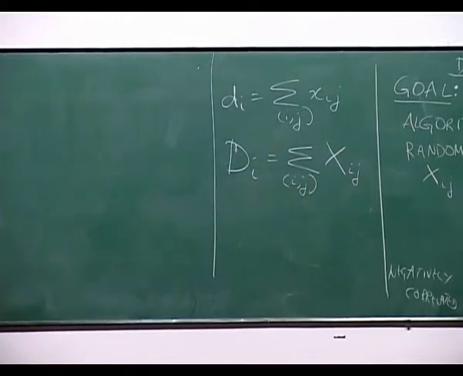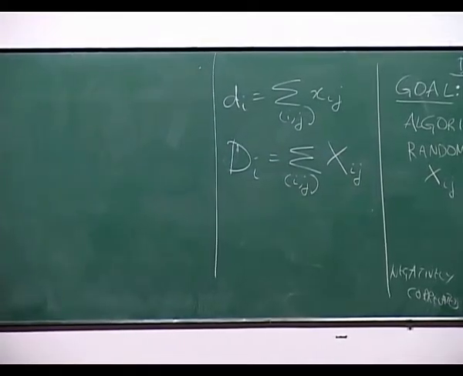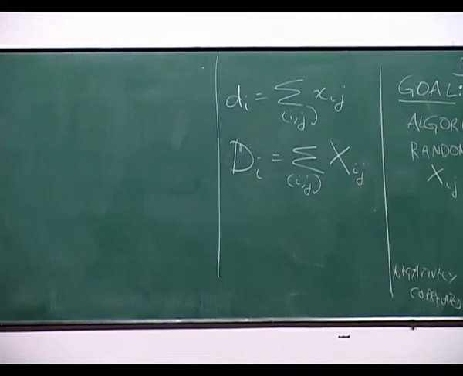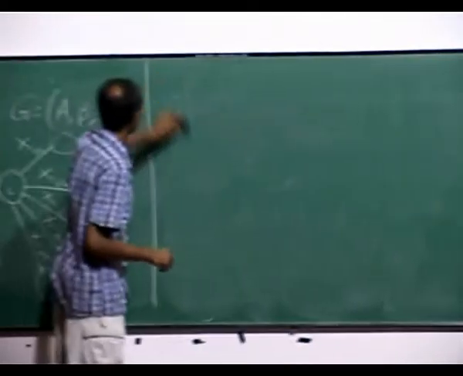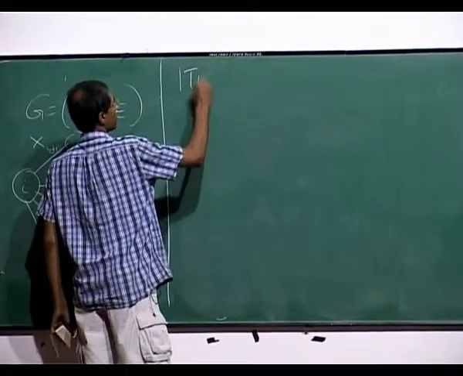So how do we go about doing this? As I said, the first thing would be just picking each edge ij with probability xij. That achieves A, but it doesn't achieve B. So we will do an iterative procedure.